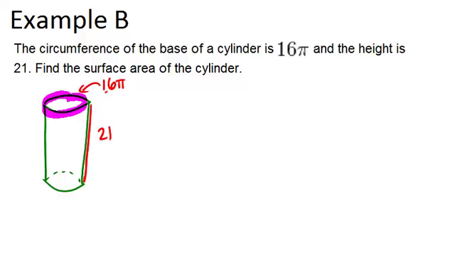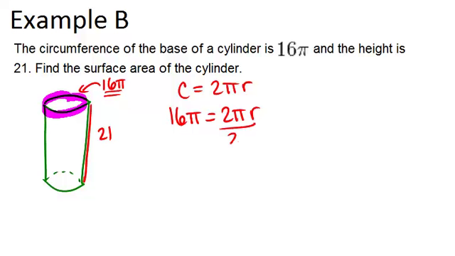So let's use the 16 pi to help us figure out what the radius of the circle must be. Now circumference is 2 pi r. So if we know that the circumference is 16 pi, we can set up this little equation to solve for the radius. Divide both sides by 2 pi, and that gives you that 8 equals the radius. So we really know that the radius right here is 8.